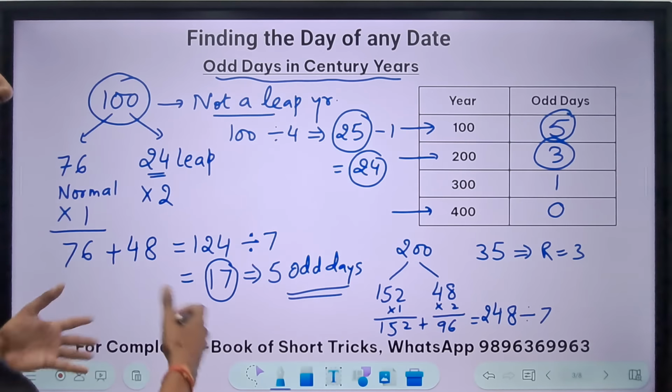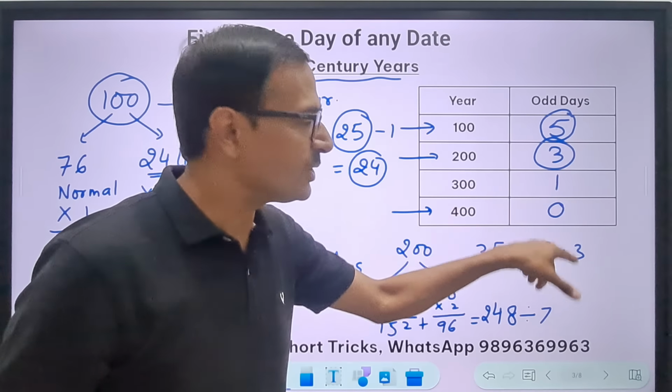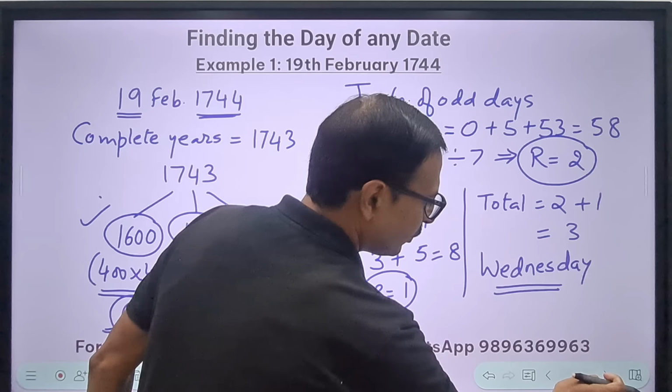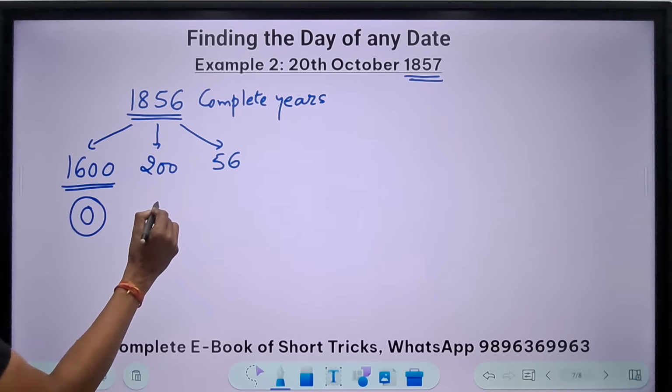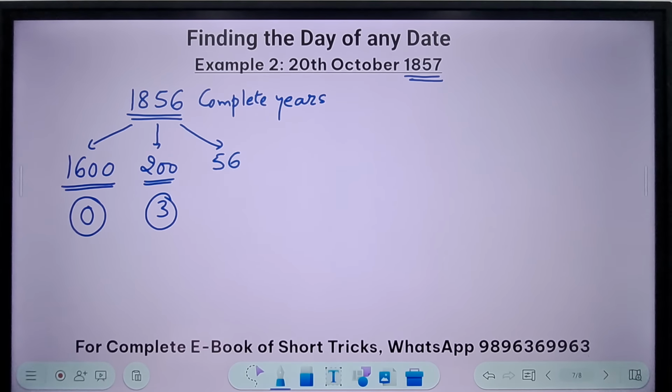So this is the concept, this is the understanding part, but if you remember it will be great. 5310, right? So for 200 it is 3. So let's move back and write 3 here, and then finally the 56 years have to be split into normal years and leap years.